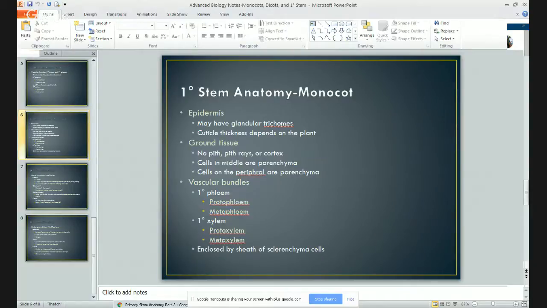So nothing fancy there. On the right, I've drawn you some pictures. And I misspelled peripheral there, sorry.